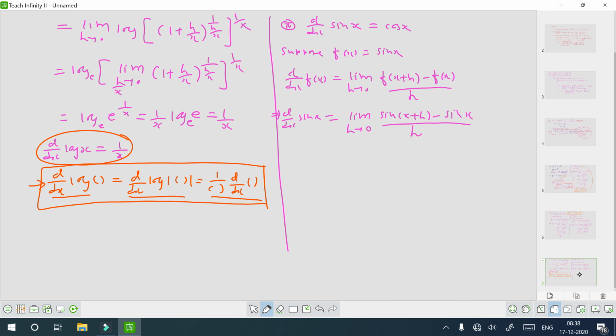You can solve this one with help of first definition also, but it is easy if we apply second definition. That is equal to limit h tends to 0.